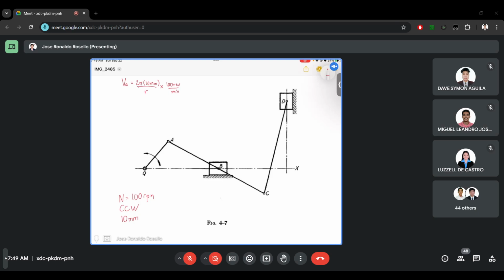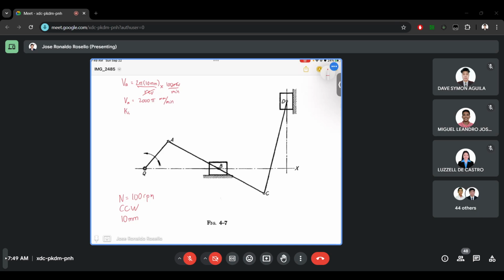One circumference is equivalent to one revolution. We can cancel the unit. Then we will have the velocity A at 2000 pi mm per minute.